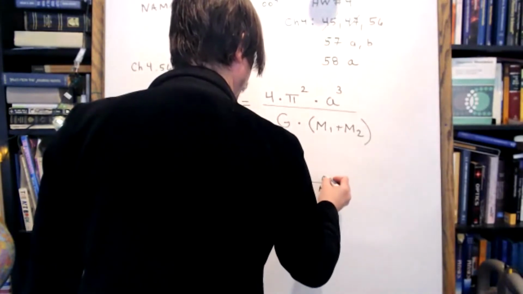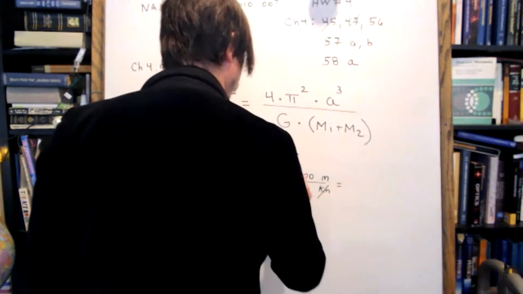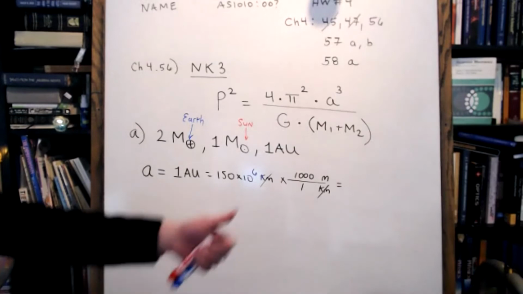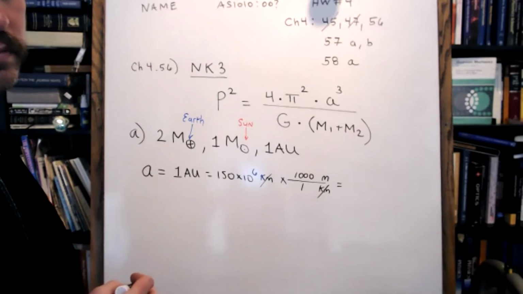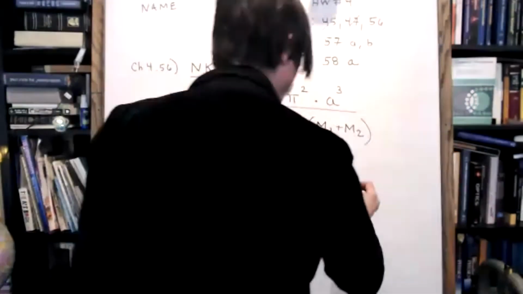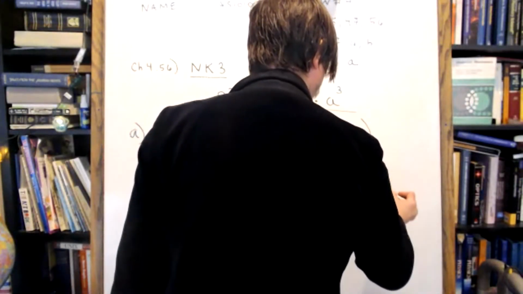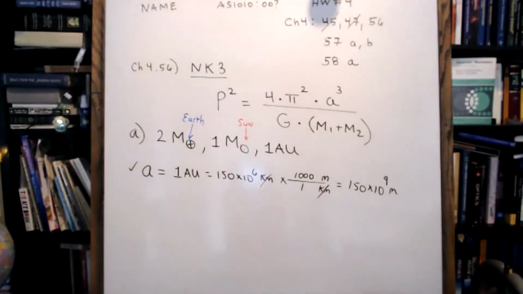And 1,000 meters over 1 kilometer. And now let's do that in our head to speed things up. You can do that in your head, right? Oh yeah, sorry, I'm just writing stuff down. So that would be 150 million, 150 billion meters. Okay, that takes care of our A. That's convenient. We'll let Ian catch up on the writing here.